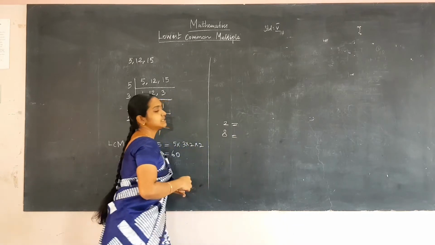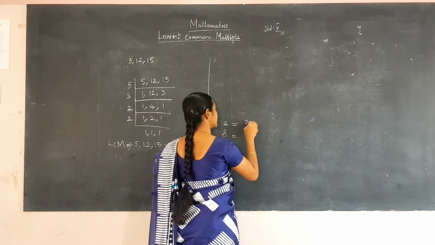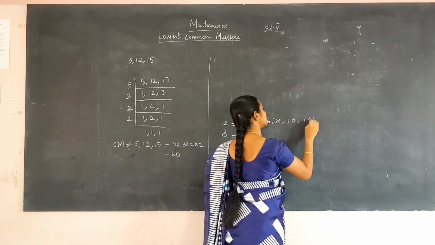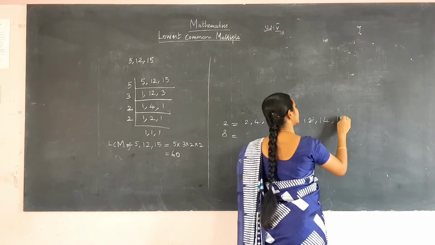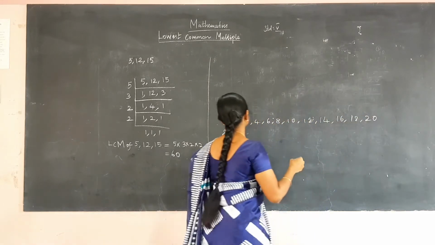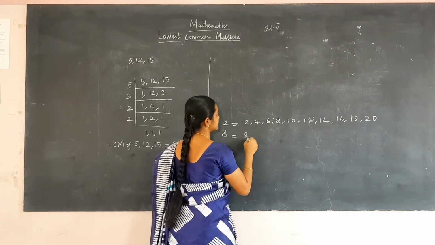For example, consider 2 and 8. Let us write the multiples of 2 first. 2, 4, 6, 8, 10, 12, 14, 16, 18 and 20. Multiples of 8.